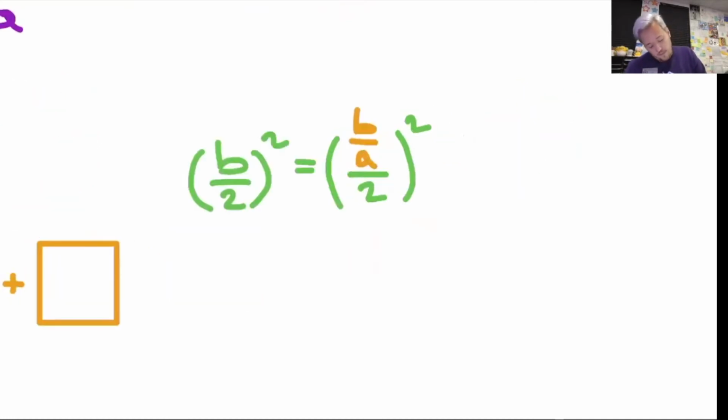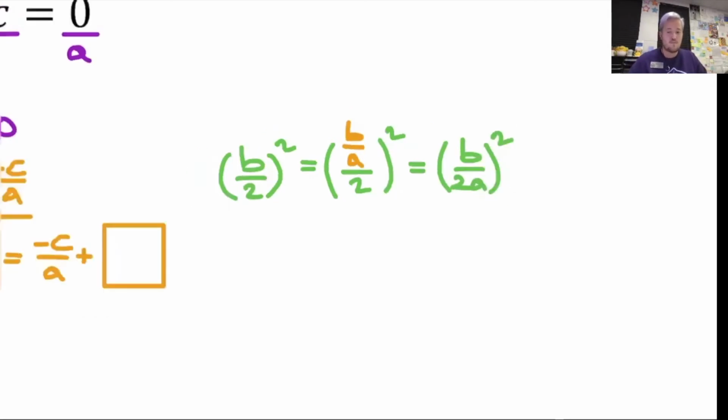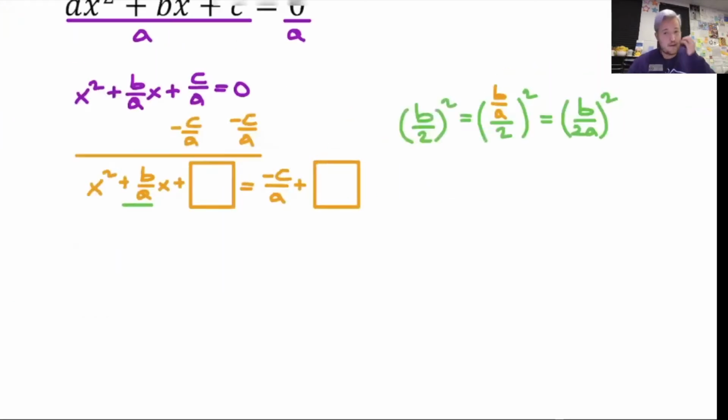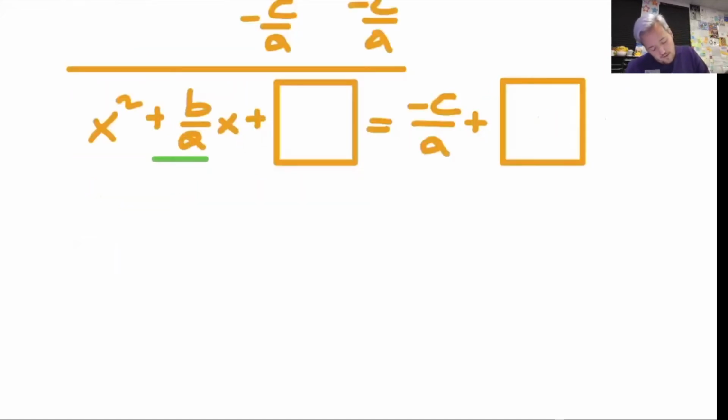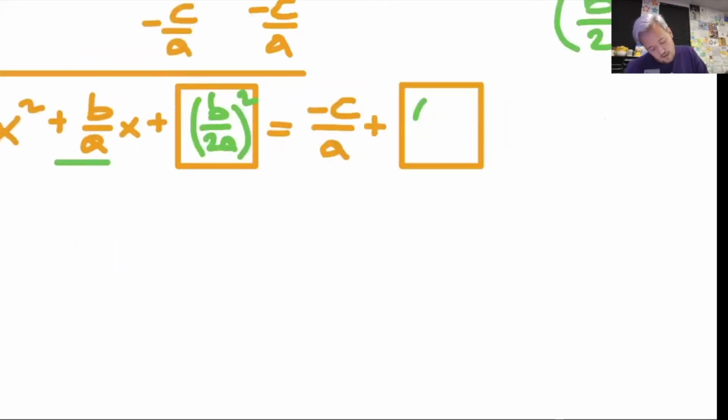This is the same as b over 2a all squared. I'm going to leave it in this form when I plug it in, and simplify it later on. So here I'm going to have b over 2a squared, and then b over 2a squared.